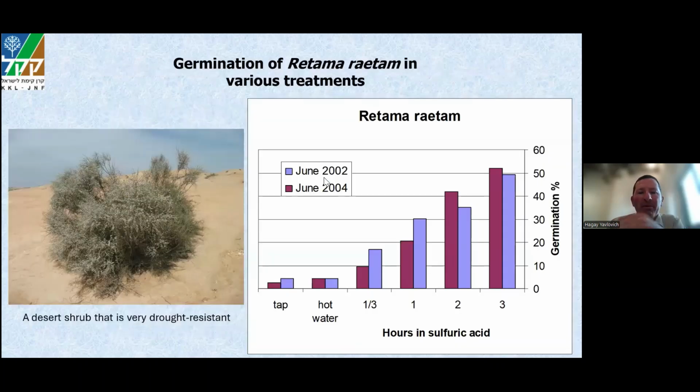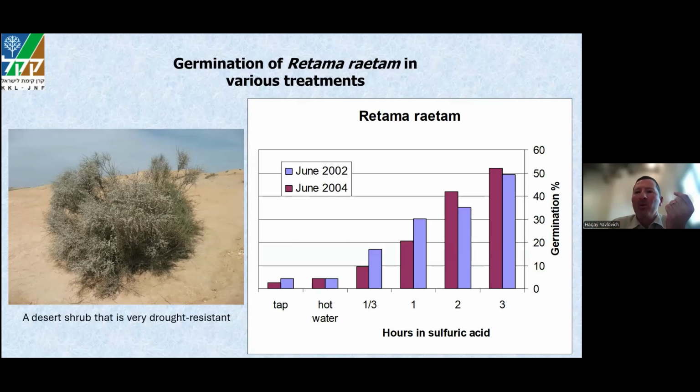In our next example, Retama, a desert shrub, very drought resistant. We use it in Israel for planting in the arid area. We tried it in tap water and in hot water, and we also tried it in sulfuric acid. And we can see that only after 3 hours of sulfuric acid, the germination percentage goes up to something like 50%.